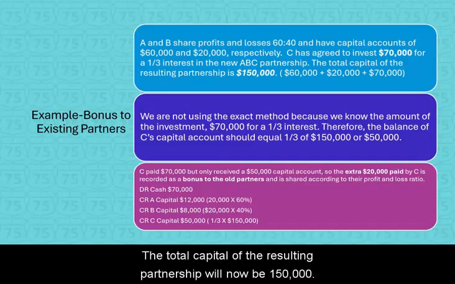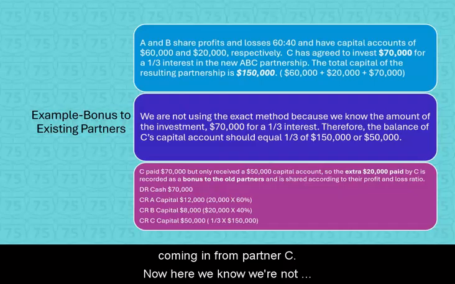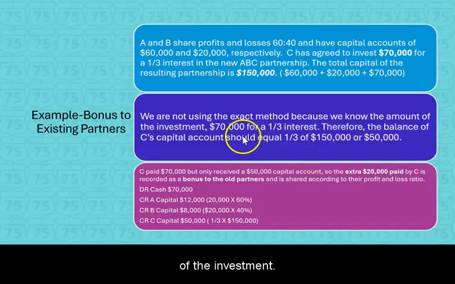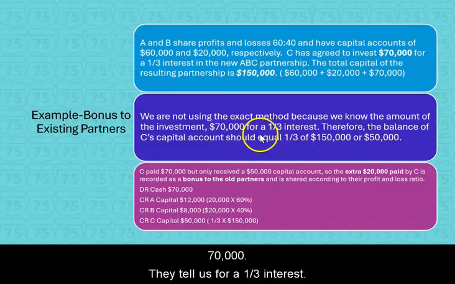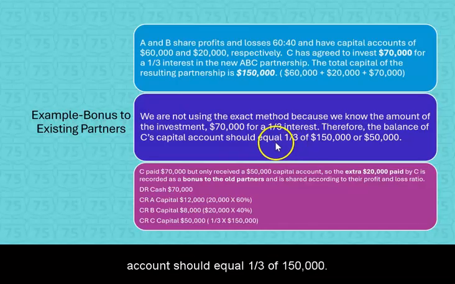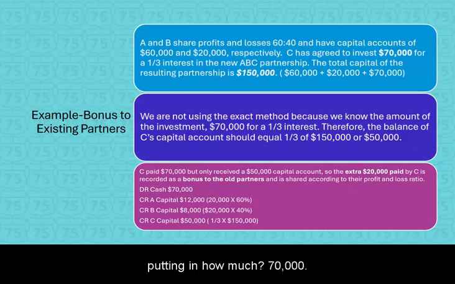The total capital of the resulting partnership will now be $150,000: the old AB partnership of $80,000 plus the $70,000 coming in from partner C. Now here we know we're not using the exact method because we know the amount of the investment, $70,000, they tell us, for a 1/3 interest. Therefore, the balance of C's capital account should equal 1/3 of $150,000, so C's going to have capital of $50,000, even though C's putting in how much?